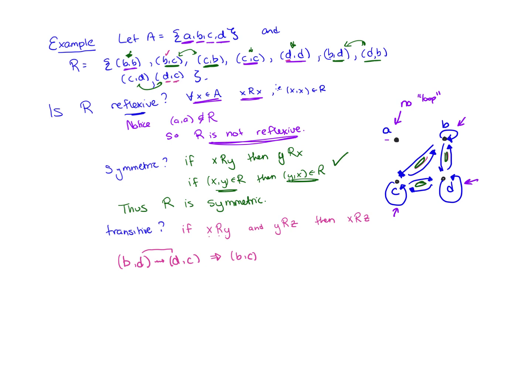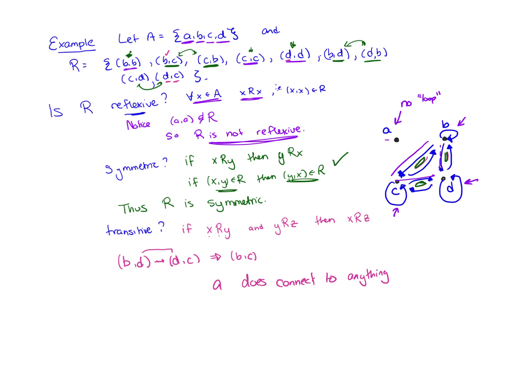And now for transitivity, it's still hard to see, right? Anytime I go from one place to the next, I should be able to go there directly. So if there's any path from B to D, I should be able to go directly from B to D. But what I can see is that A doesn't connect to anything, so there's not going to be any breaking of transitivity there. And B can get either to C or D directly.